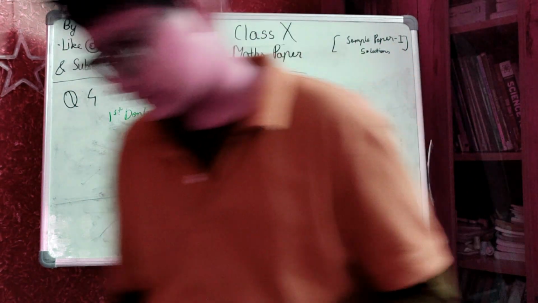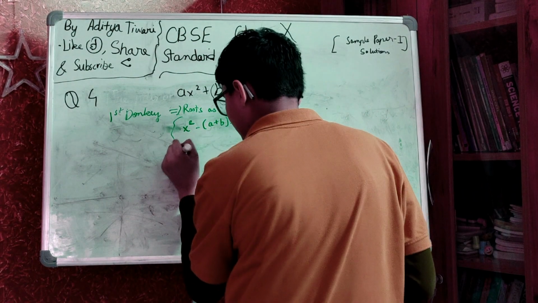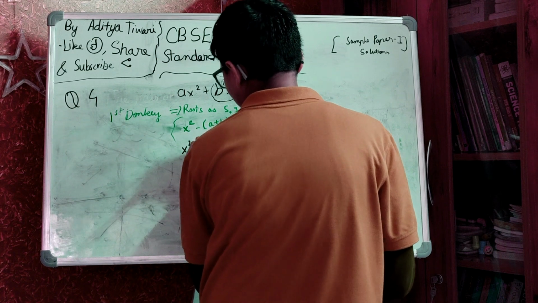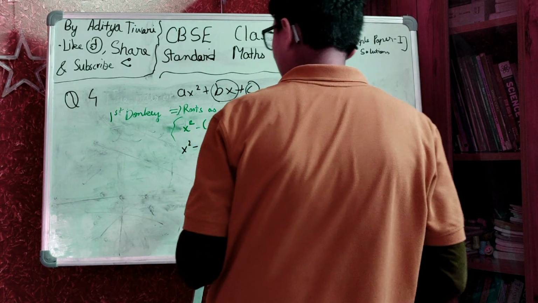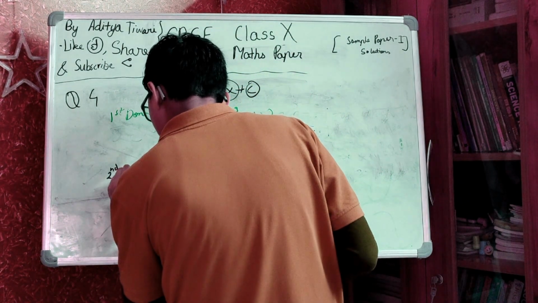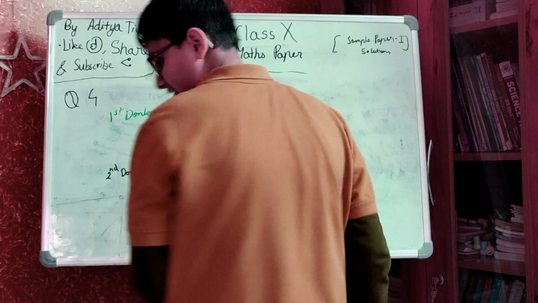So I'll use my black marker. Okay, so the quadratic equation must be x square minus 14x plus 45 using roots. And for the second person, I'm also going to write in brackets which roots they got.